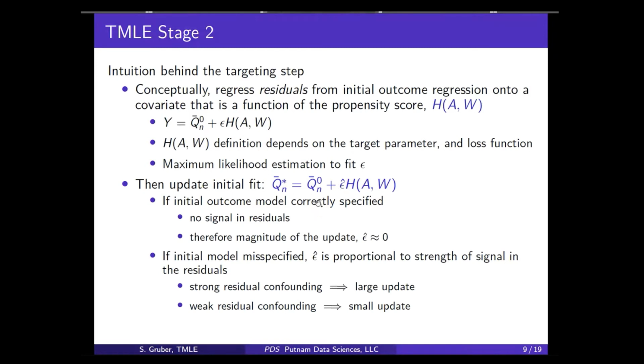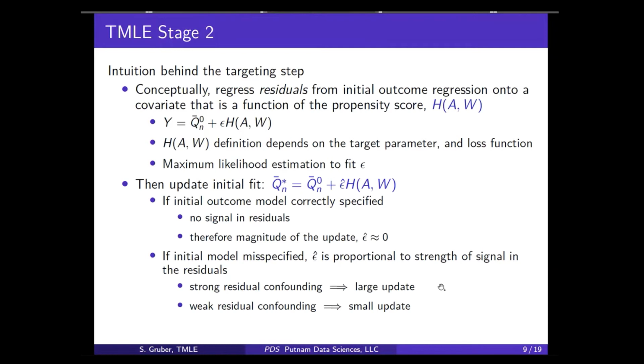But now suppose the initial was just wrong, and there is still signal in the residuals. There's things going on. The covariates and the treatment still predict something about the residuals that wasn't handled already in the outcome regression. Well, in this case, epsilon hat's not going to be 0, and it's going to be proportional to the strength of the signal in the residuals.